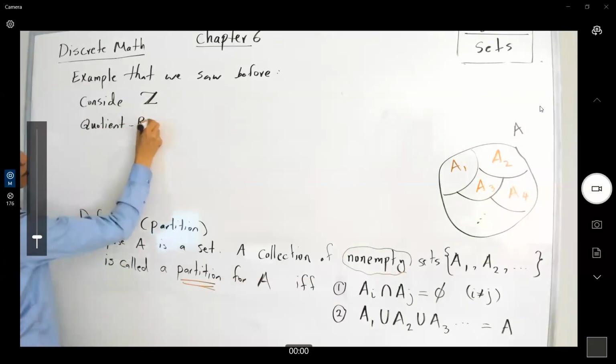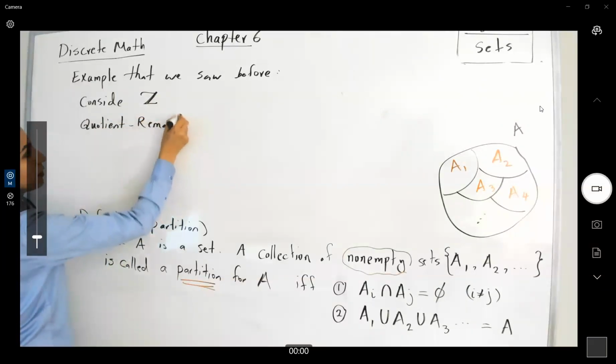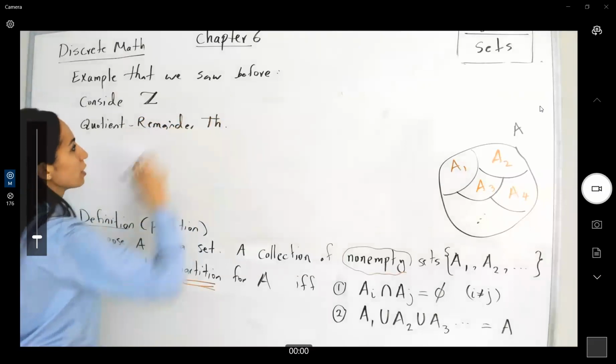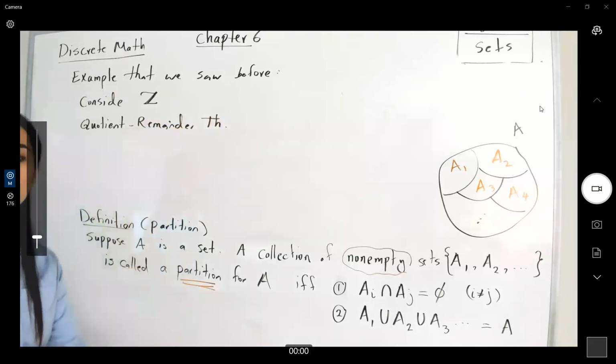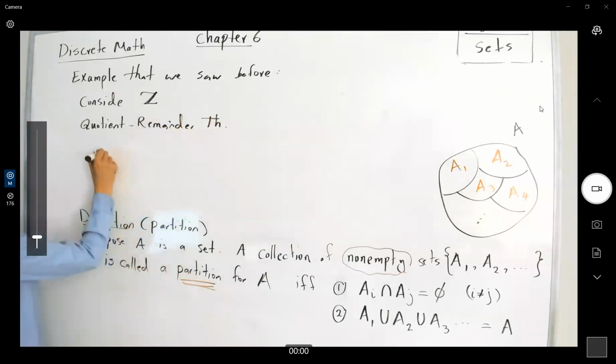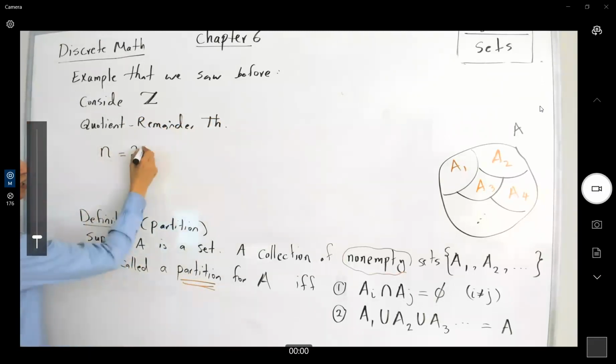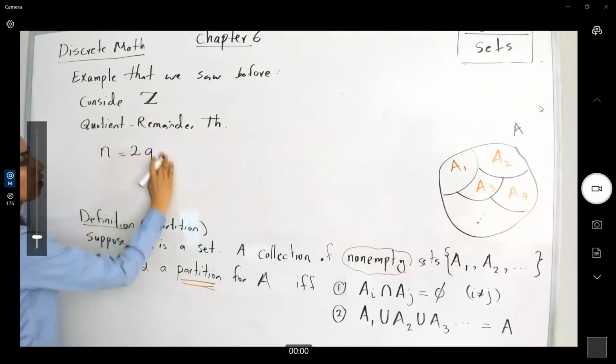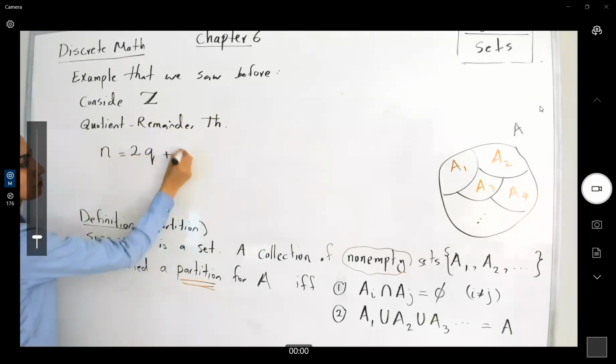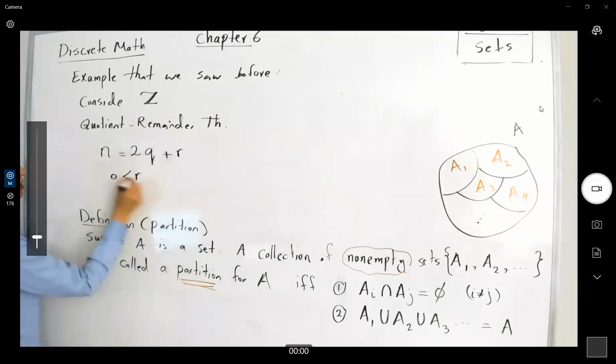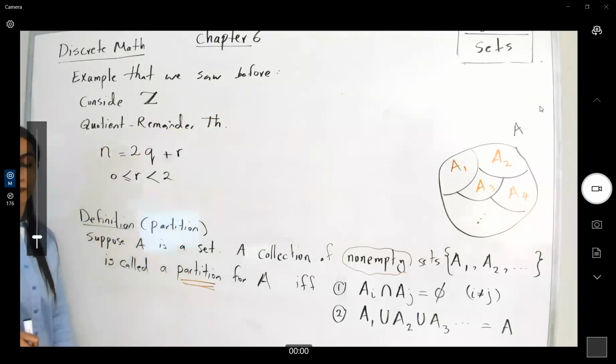Remember that if you have a number n and you divide that by, for example, 2, you can find two unique numbers, q and r, such that r is bounded between 0 and 2.